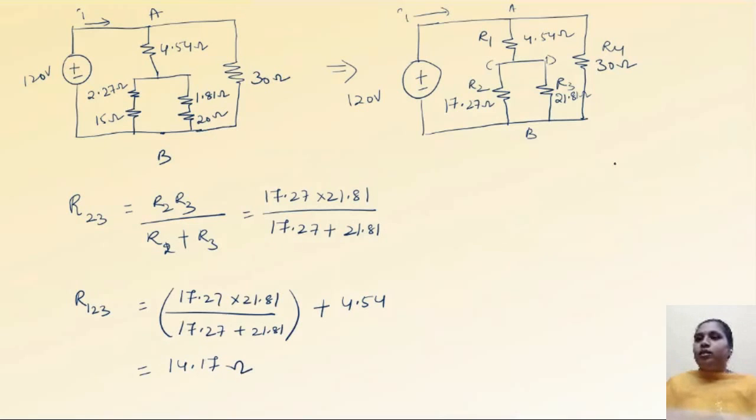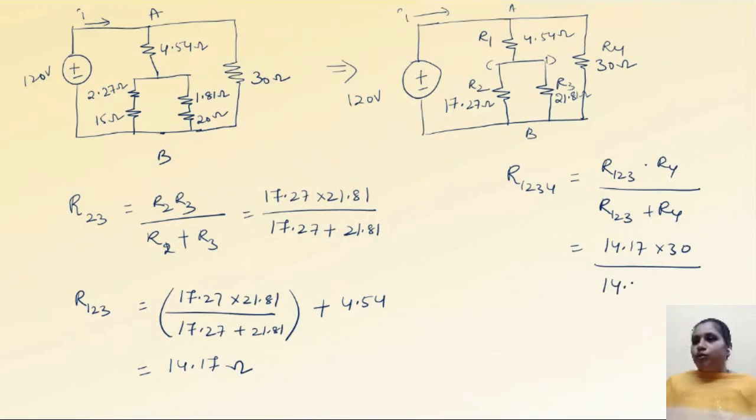Now this is in parallel with R4. So R1234 is equal to R123 into R4 divided by R123 plus R4. So it is nothing but 14.17 into 30 divided by 14.17 plus 30. So this value is 9.62 ohms.